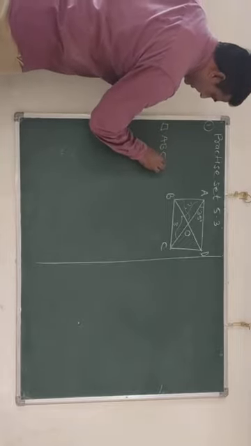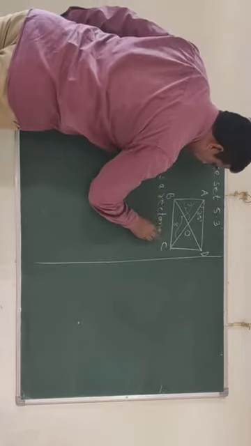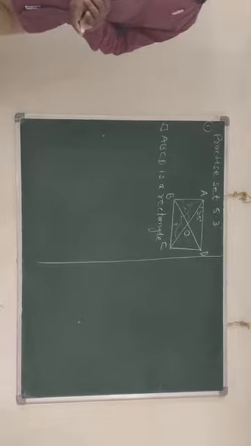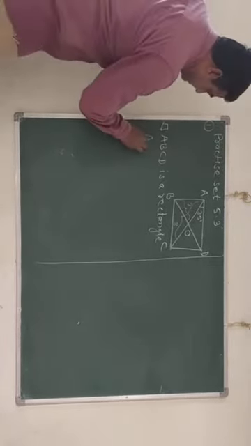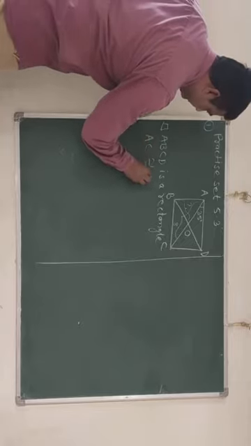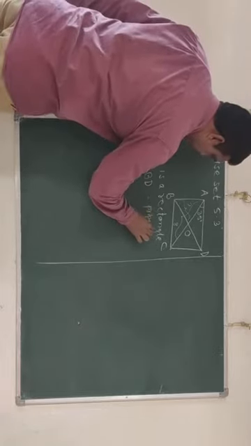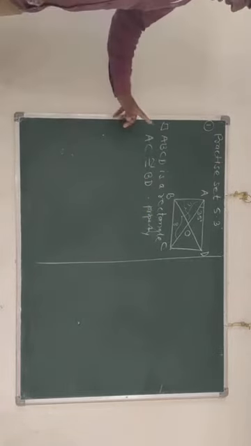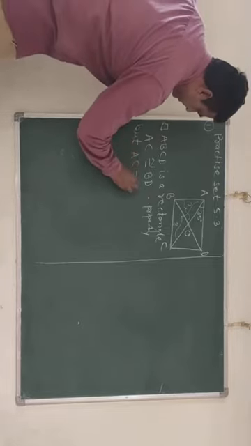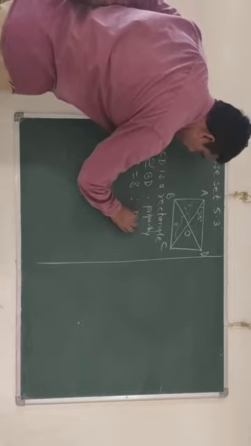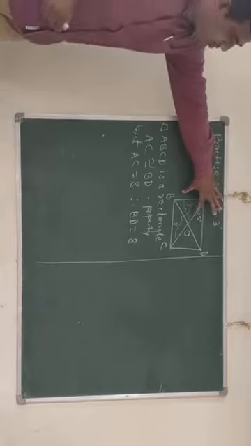Quadrilateral ABCD is a rectangle. And as we have studied the property of rectangle, diagonals of a rectangle are congruent. That is, we will get AC congruent to BD. Okay? Property of rectangle. So as AC is congruent to BD, and you are given that AC equals 8, therefore BD equals 8. So we got the value of BD, but your question is to find out BO only.